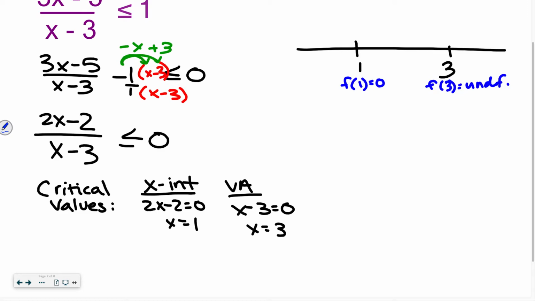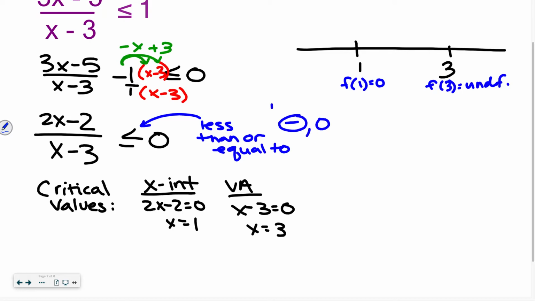It depends on my inequality. Since it says less than or equal to 0, I'm looking for sections that are negative or 0. Okay, so I'm looking for negative and I'm looking for 0. So it looks like I will be including 1, but I won't be including 3.